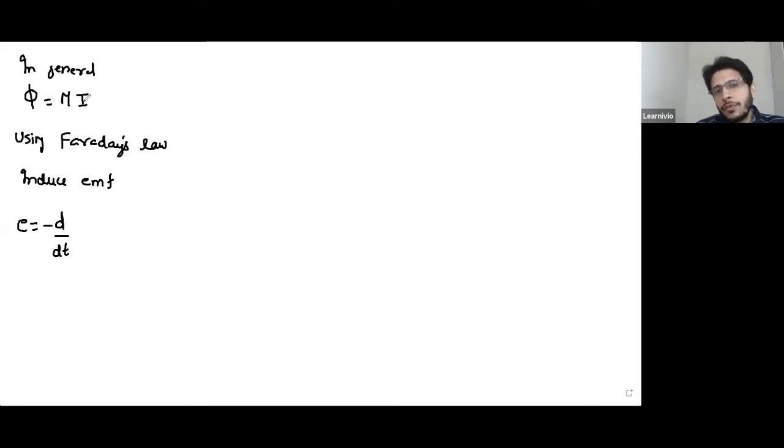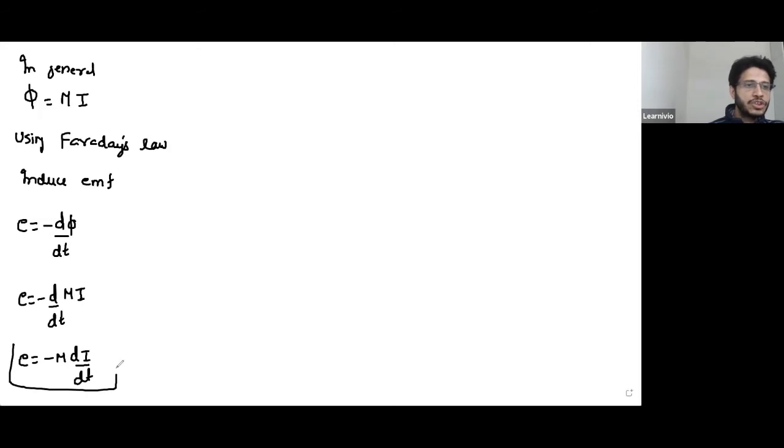Maybe current is flowing through coil 2, and due to that change in current, some EMF will be induced in coil 1. So induced EMF will be minus d phi over dt. This is Faraday's law. So I can write this as minus d over dt of M I. You can take this M outside the derivative because it is constant: minus M dI over dt. So this is your induced EMF: E is minus M dI over dt.